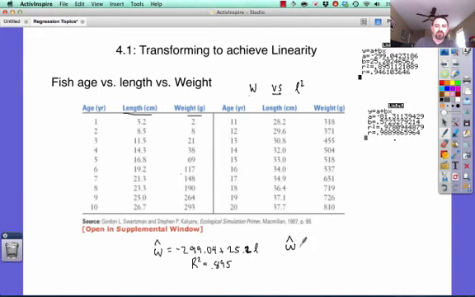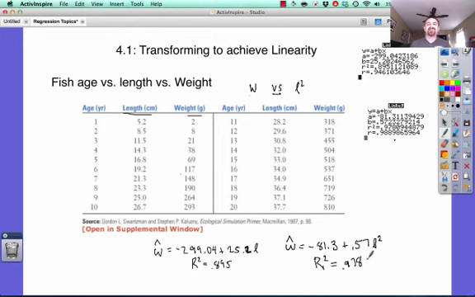Remember, my y value is W, my x value is L squared. So it's going to be negative 81.3 plus 0.57 times L squared, and my R squared here is 0.97. I went from 89.5% variability to 97.8% variability. My R squared improved quite a bit.